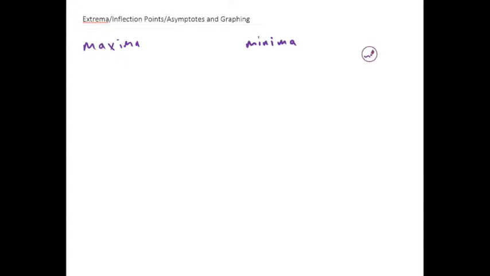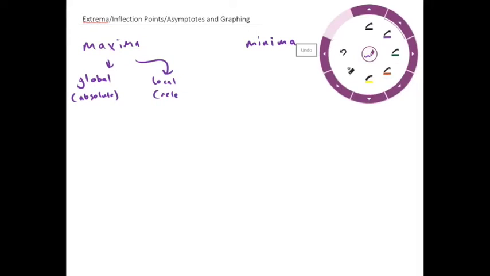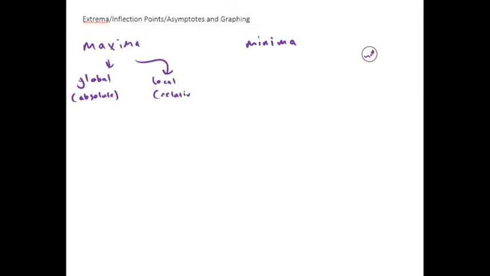You can have two types of maximums: global or absolute maximums, and then local or relative. And the same applies for minima. There are global or absolute, and there are local or relative.